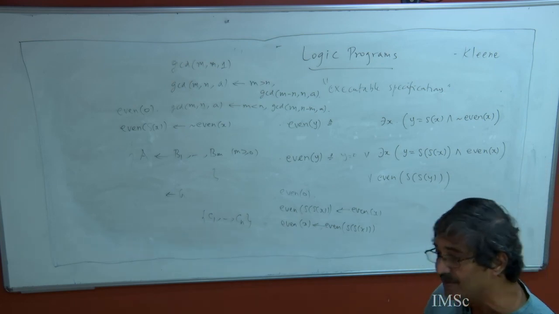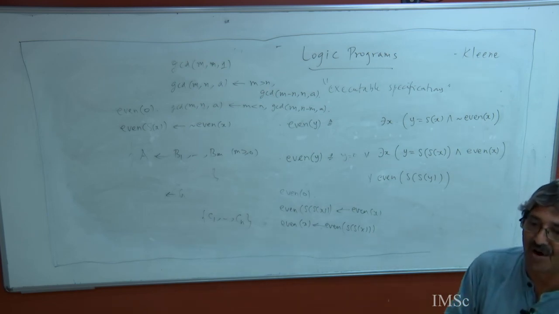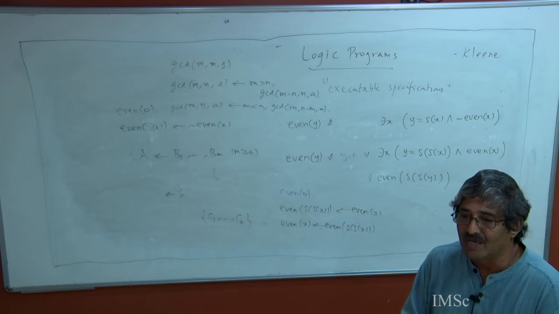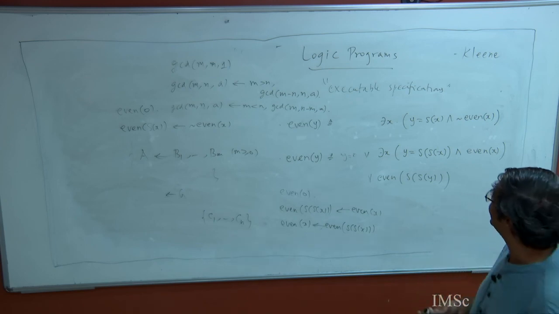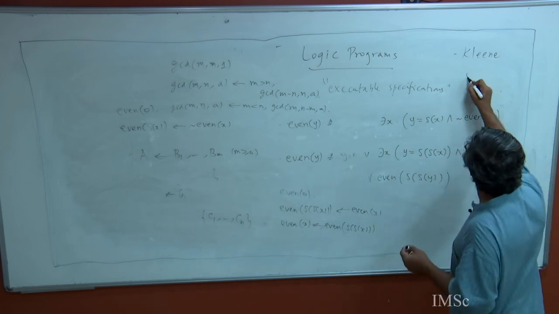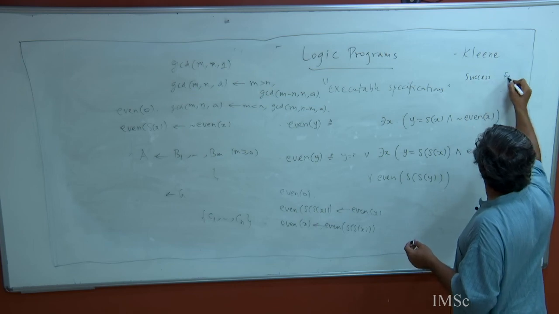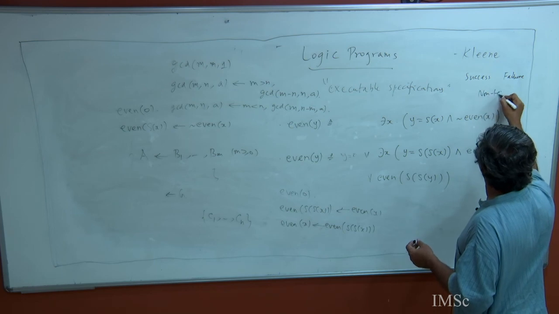So Kleene suggested that if you want to think about computation within logic, you should go to a logic which has not 2 truth values but 3 truth values. So think of them as success, failure, non-termination.